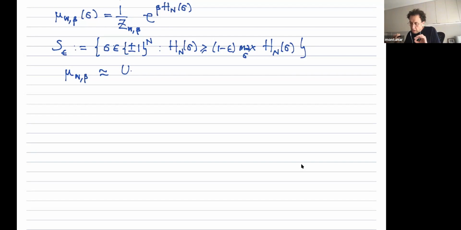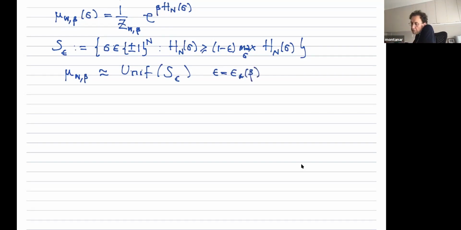Therefore, now h, you can prove that it concentrates both under the uniform and under the super level set measure, and therefore this is about the uniform measure over the super level set for a certain epsilon, some epsilon star of beta.